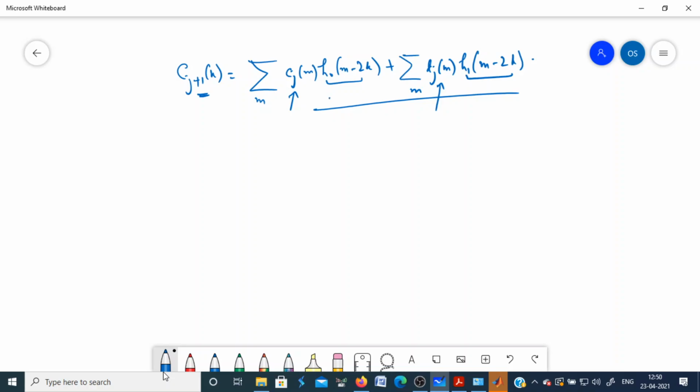Now again we have to interpret this equation, or this equation, both are the same. If you interpret this equation, Cj of m h0 of k minus 2m summation over m.